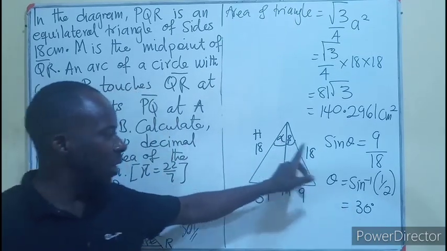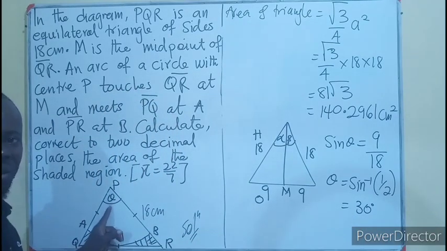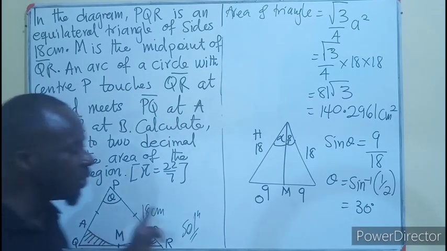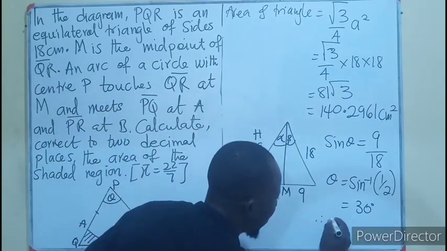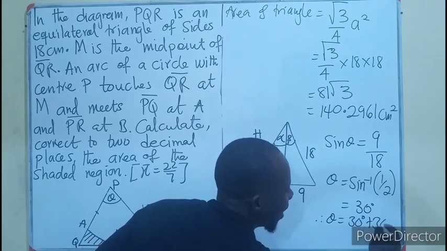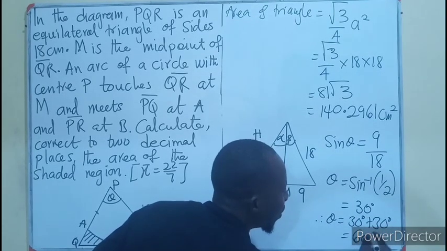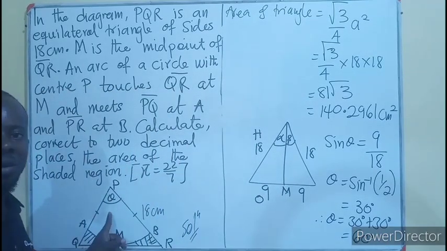The angle beta will be 30 degrees. Therefore, the angle theta here will be 30 degrees plus 30 degrees, and that gives us 60 degrees.